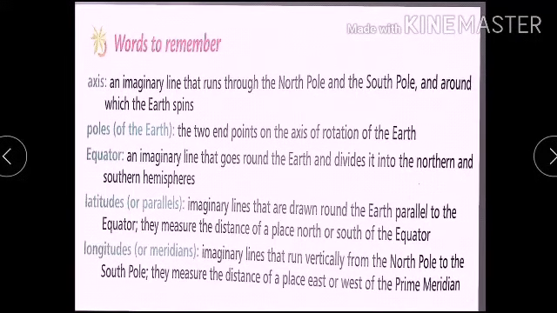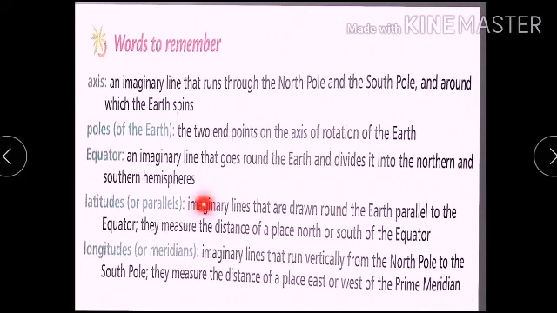Some important terminologies. Axis: an axis is an imaginary line that runs through the North Pole and the South Pole and around which the Earth spins. Poles: poles are the 2 endpoints of the axis of rotation of the Earth. Equator: the equator is an imaginary line that goes round the Earth and divides it into the northern and southern hemispheres.